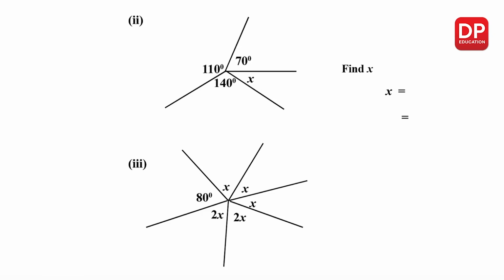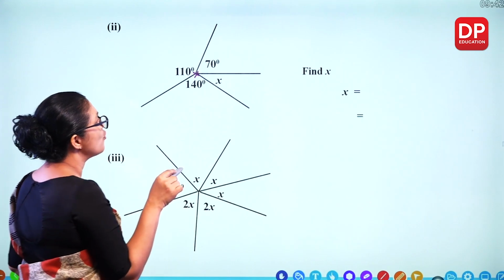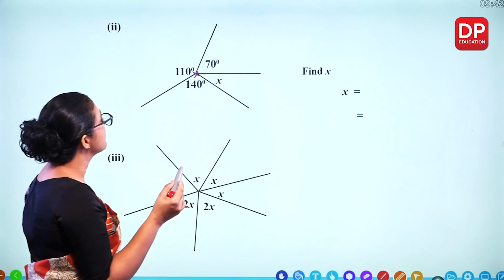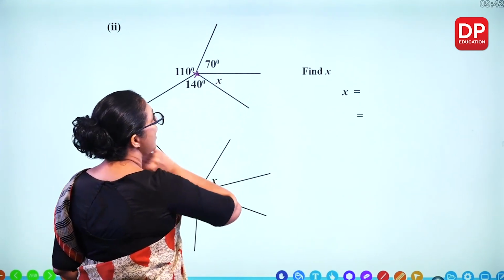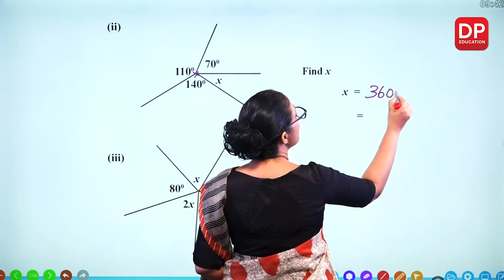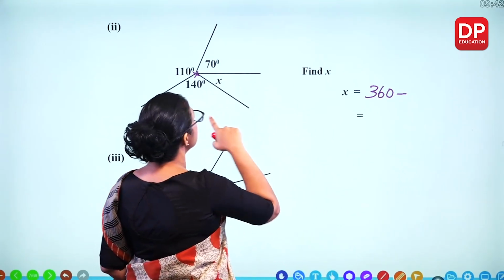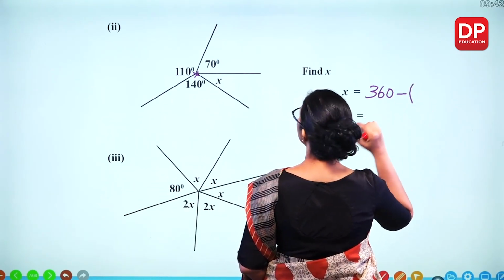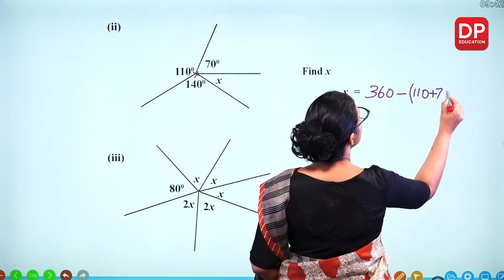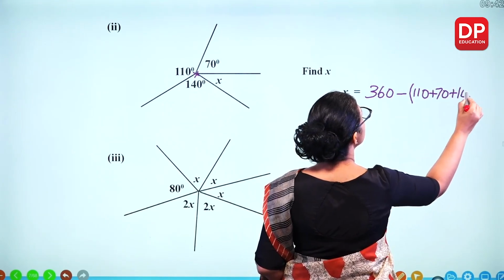This one, a point. Around the point, that's 360. So what's x? You can find x by subtracting from 360 the sum of the three angles, 110, 70 and 140.